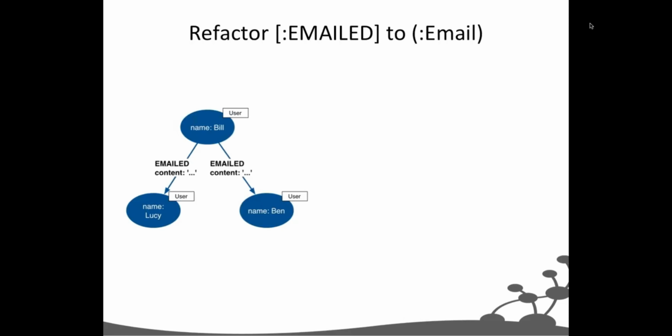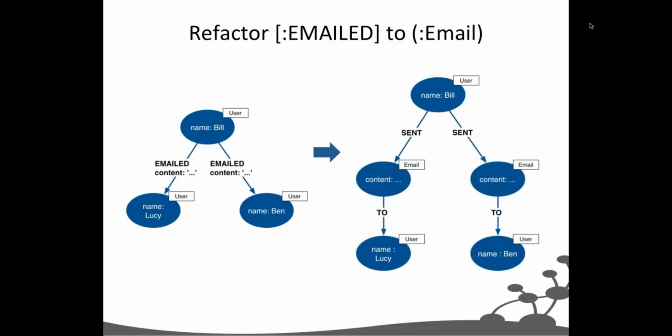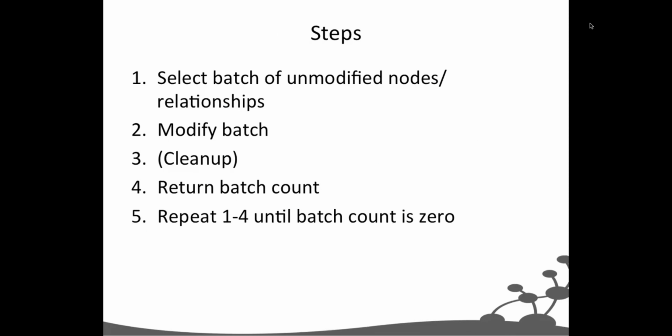We want to copy all of those properties over. We want to connect our new email node to the sender and the receiver, and then we want to delete the old relationship. Okay, so we want to take this structure, Bill emailed Lucy, Bill emailed Ben, and we want to modify it so that we end up with Bill sent an email to Lucy and another one to Ben.